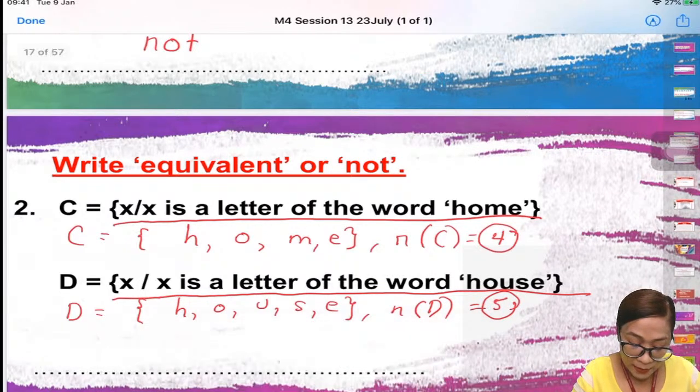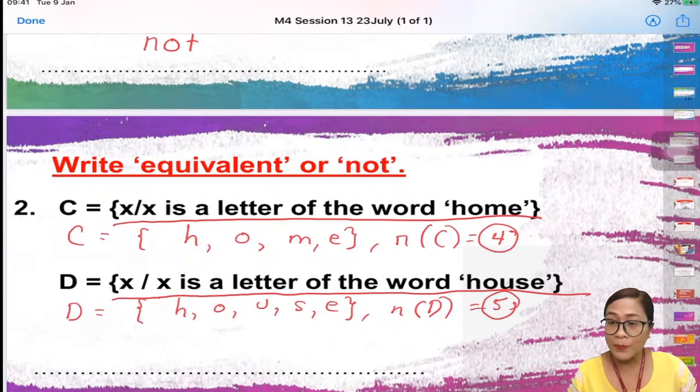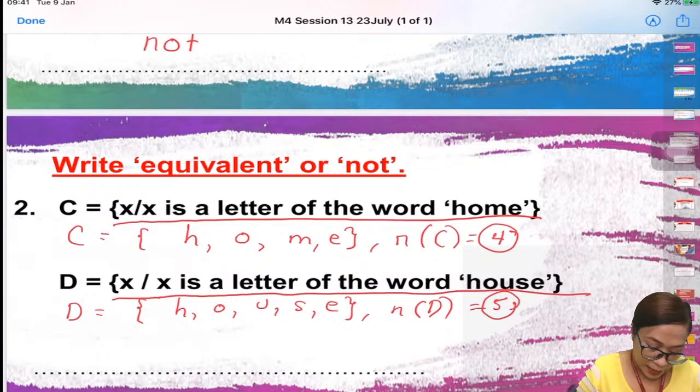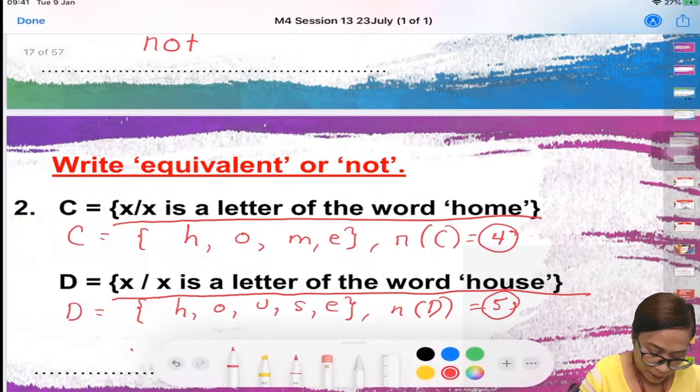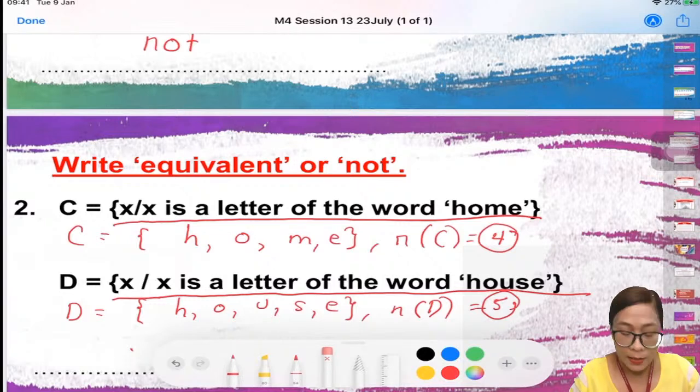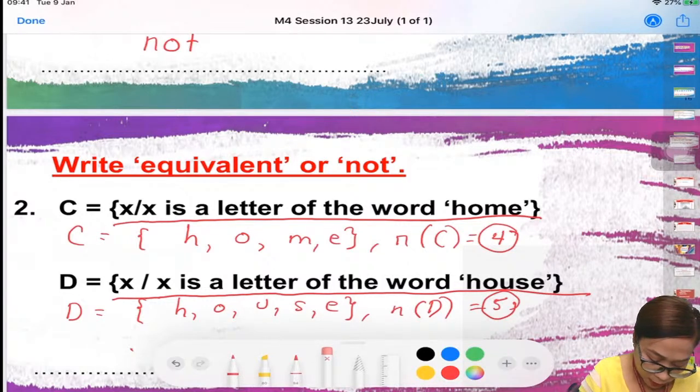So what is the answer for number 2? Yes, MWH. Yes, Chimpanzee. The answer is not. Okay, this is not.